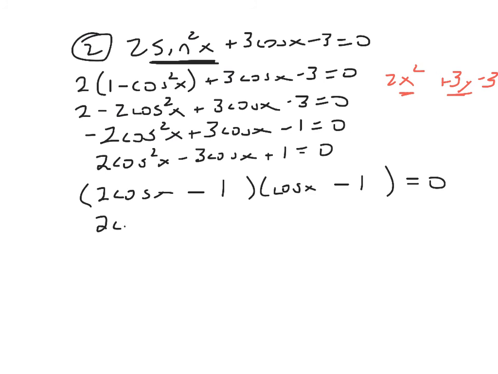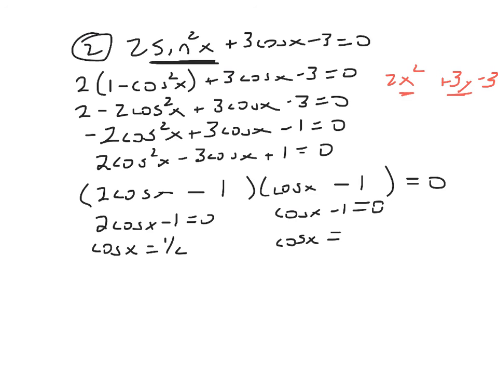So then I have 2 cosine of x minus 1 equals 0, and I have cosine of x minus 1 equals 0. So if I solve, I get cosine of x equals 1/2, and I get cosine of x equals 1.